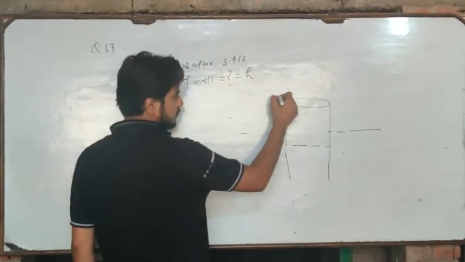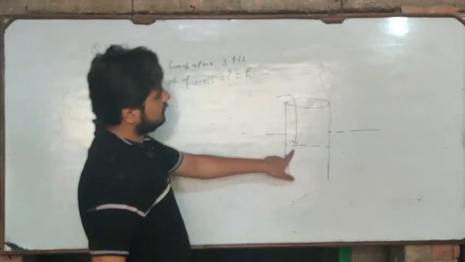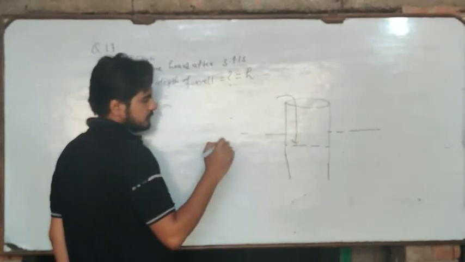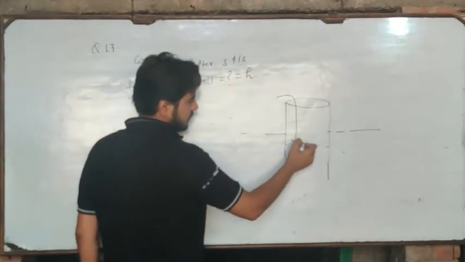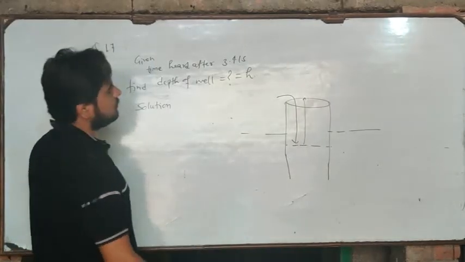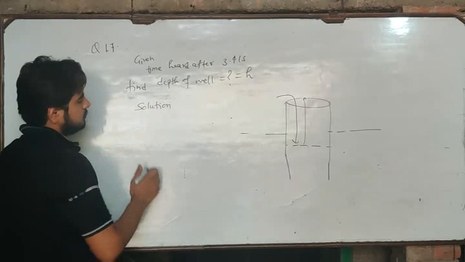We throw a stone inside it and it strikes the water surface and the sound comes back to us. We hear it after 3.41 seconds, so we have to find the depth of the well.